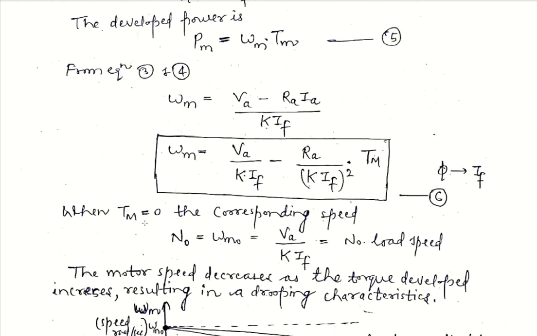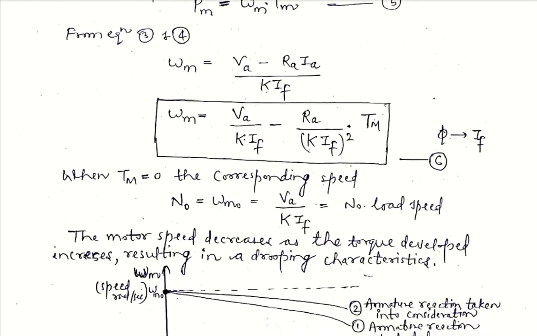If we put Tm equal to 0, then the corresponding speed n naught, which is the no load speed, or ωm naught, is given by putting Tm equal to 0 in the above expression 6. Because at no load no torque will be developed, as the armature current will be 0. So n naught equals ωm naught equals V divided by K If. This is called the no load speed, which is the intercept on the y-axis.